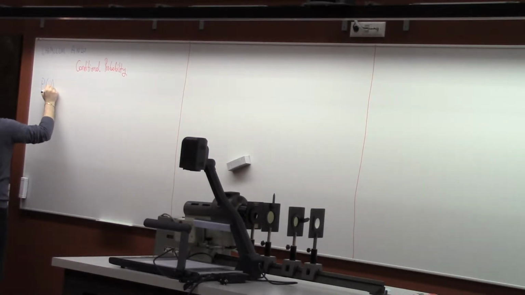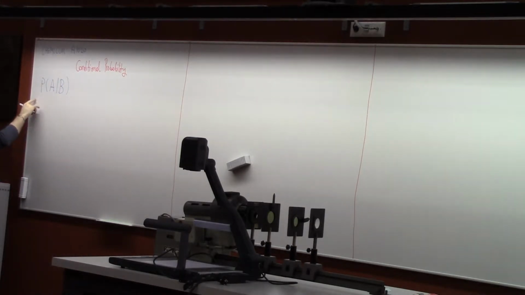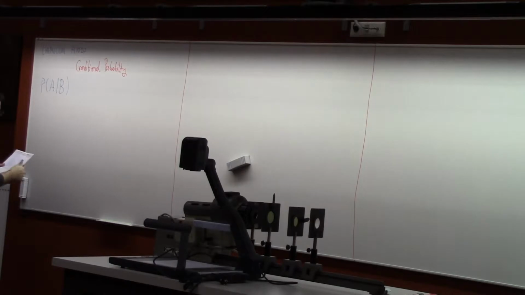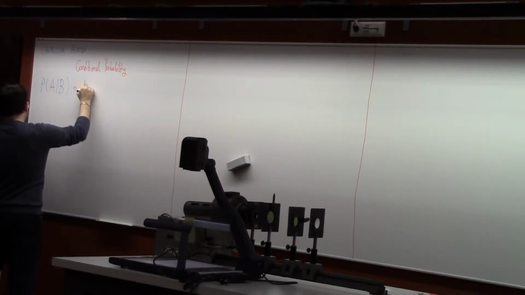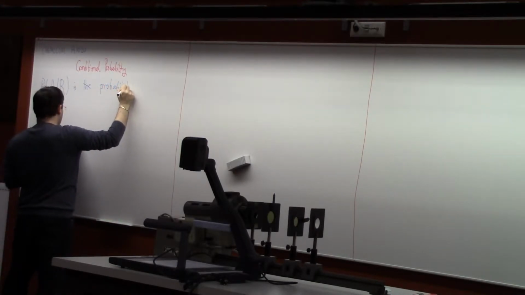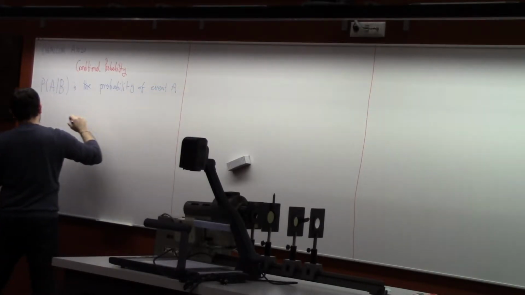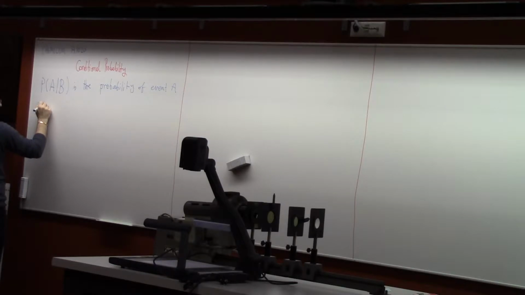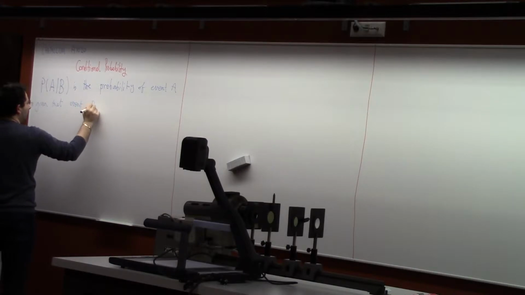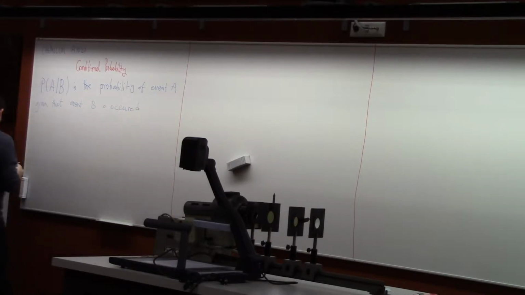Probability of A given B. So we note it with this and we read it as probability of A given B, which is the probability of event A given that event B has occurred.